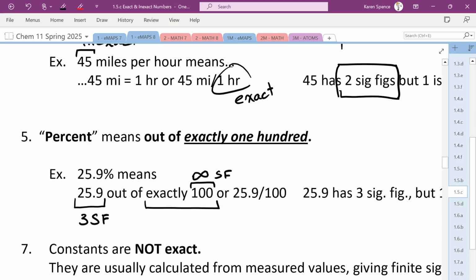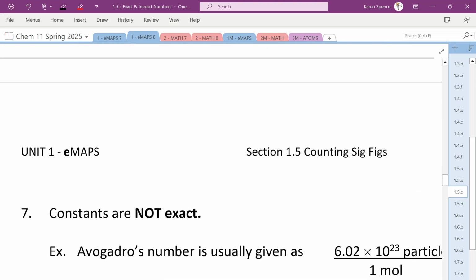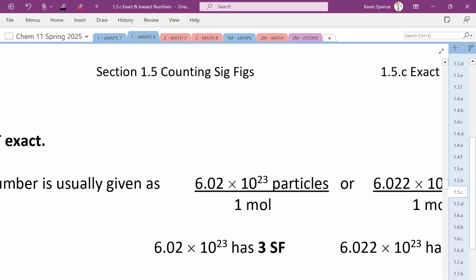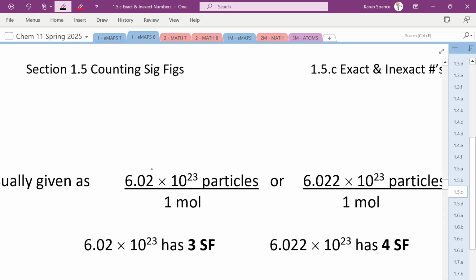And now we're going to get down into what I was talking about before, the mole, the 6.02 times 10 to the 23. And those are on our next pages. For example, 6.02 times 10 to the 23 has 3 sig figs, because really, that's an approximation. This number actually goes on for much, much longer.